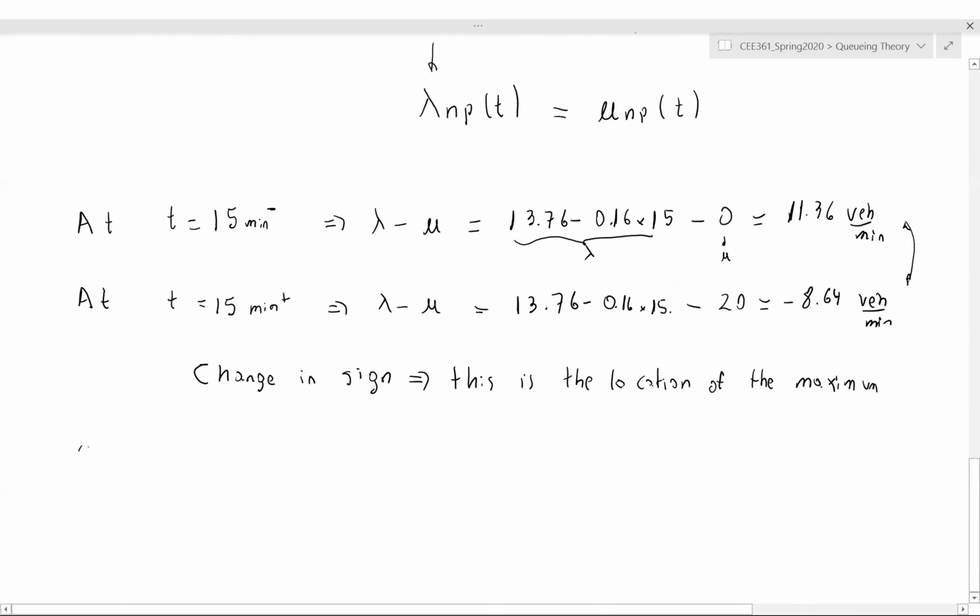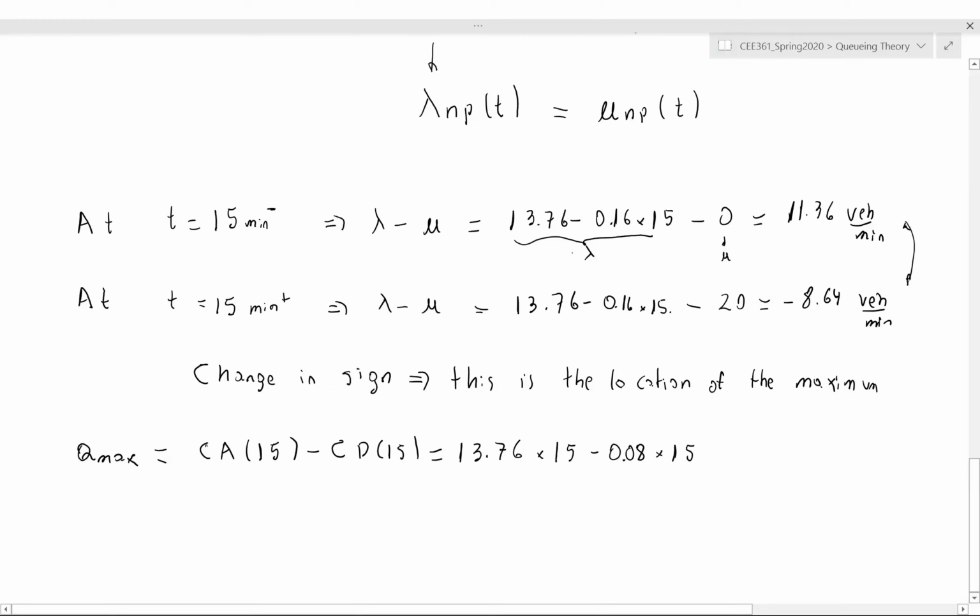So we're going to say that Qmax is equal to the cumulative arrivals at 50 minutes, because we have said that that's where the maximum is, minus cumulative departures at 50 minutes. And that's equal to 13.76 times 15 minus 0.08 times 15 squared.